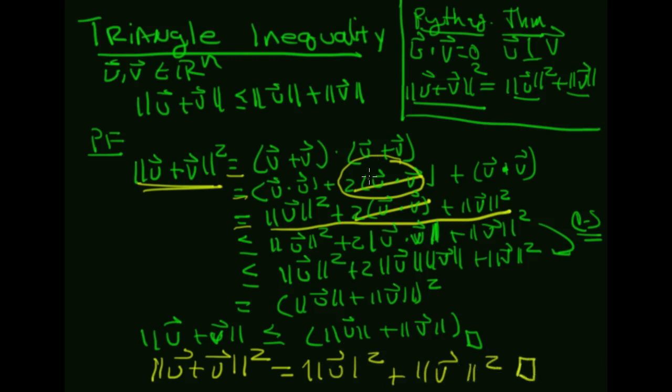And so Pythagoras is like a special case of the triangle inequality where the cross term happens to work out to be 0, and I can get to this equality much faster. Okay, so there you go. There's Cauchy-Schwarz, the triangle inequality, and the Pythagorean theorem.